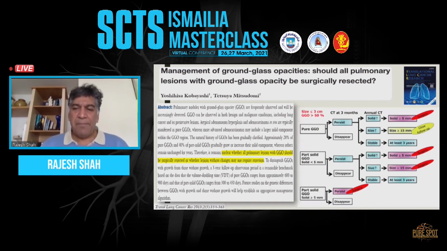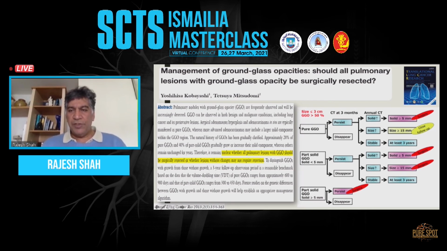So this is the Japanese colleagues recommending which one of these GGOs should be considered for surgical intervention. All of these require a follow-up initially at 3 months repeat CT, followed by annual CT.